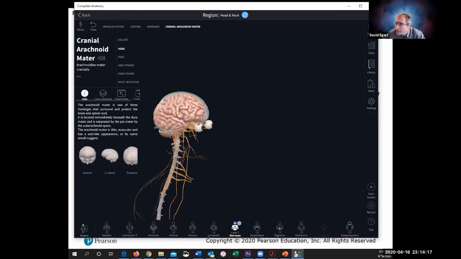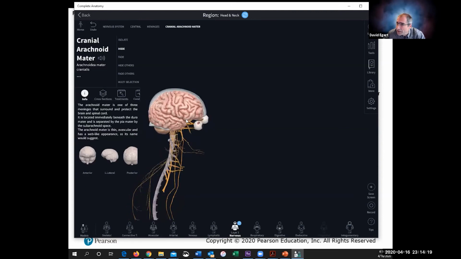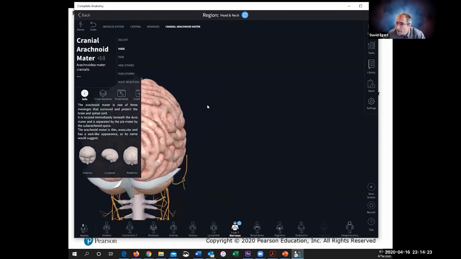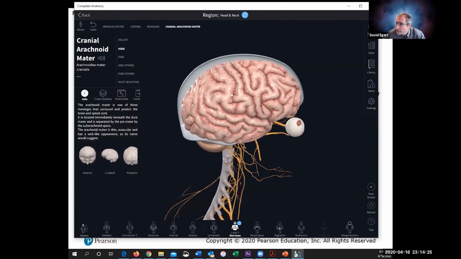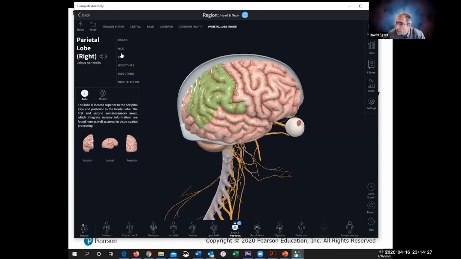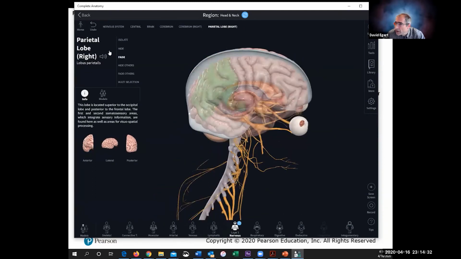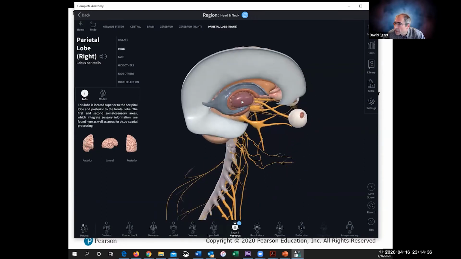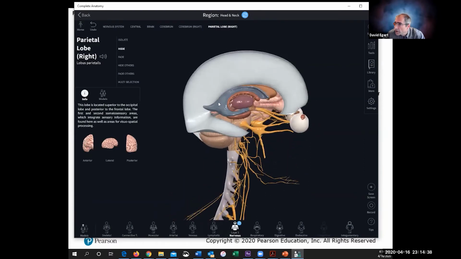Oh, look at that. We can take off the different layers. This is kind of cool. What if we fade that away? You can fade and hide different parts and get down into it. There's the lateral ventricles there.